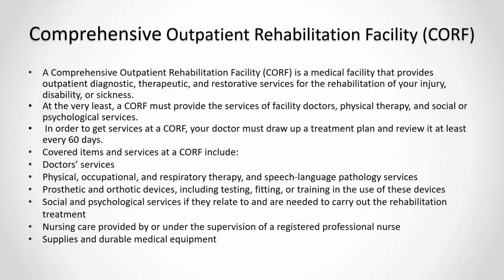At the very least, a CORF must provide the services of facility doctors, physical therapy, and social or psychological services. These may be provided in an off-site location. In order to get services at a CORF, your doctor must draw up a treatment plan and review it at least every 60 days. Finally, here is an additional list of covered items at the CORF.